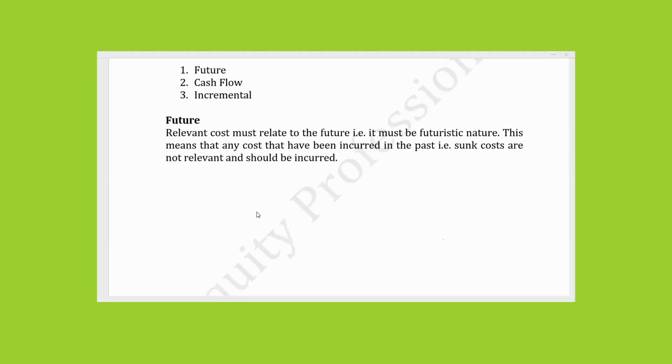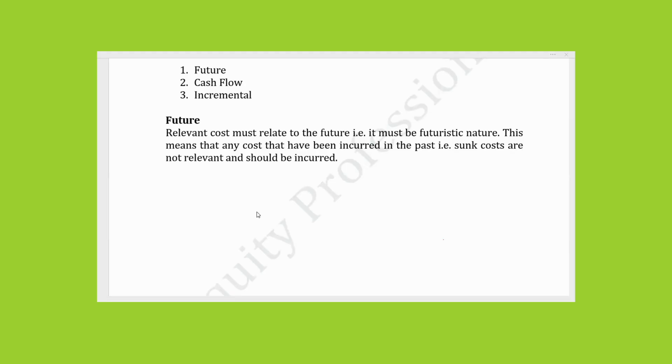You see, this topic, relevant cost, is not 1 + 1 is equal to 2. It's not something you can use a formula to derive. So you have to understand the underlying concept or principle. You must understand the principle. So for a cost to be relevant, it must be a cash flow.